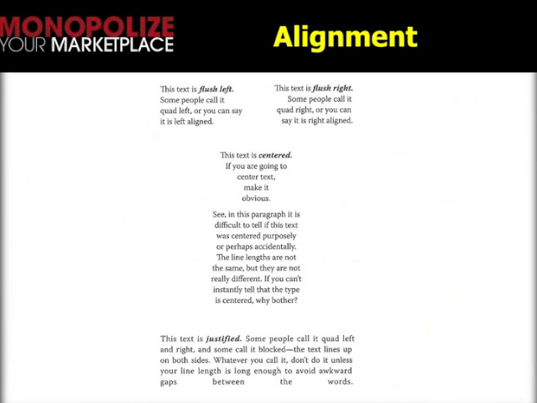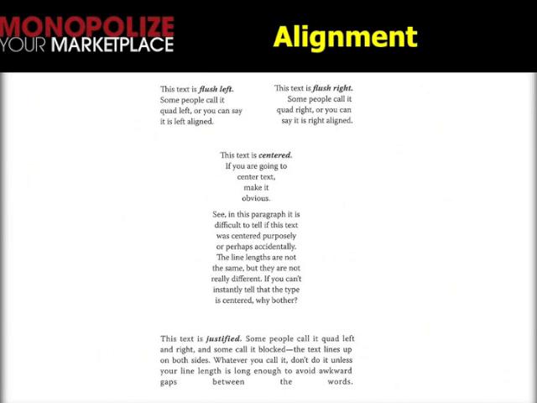So compare the bottom set of centered type to the top set of centered type, and you'll see that by having clearly, obviously different lengths of lines, that centering becomes more pronounced, more obvious, easier to read, and it accomplishes its purpose better.